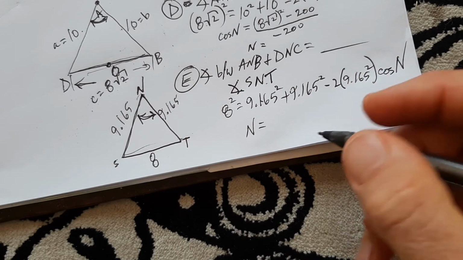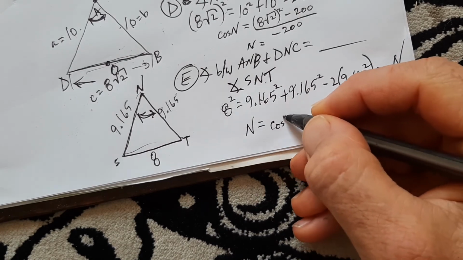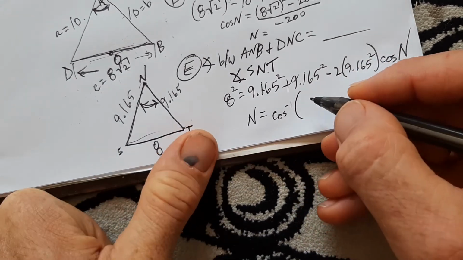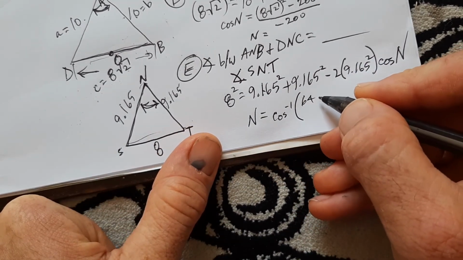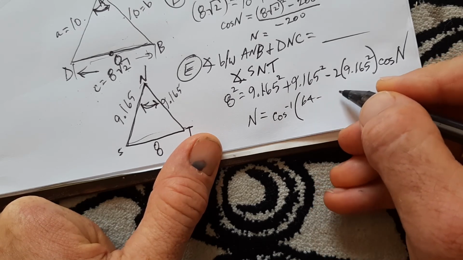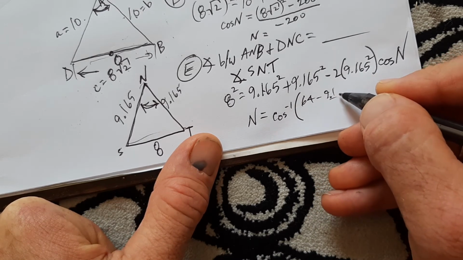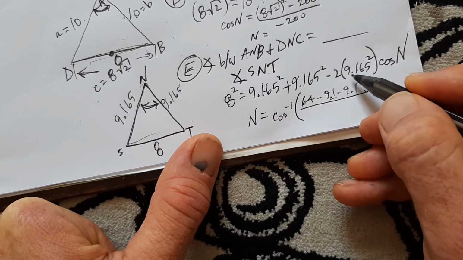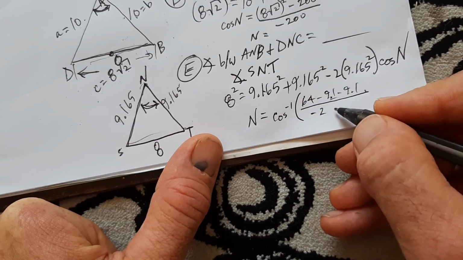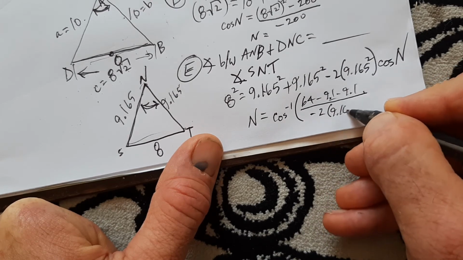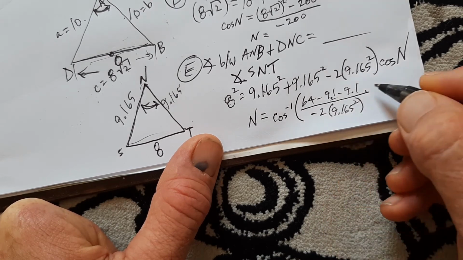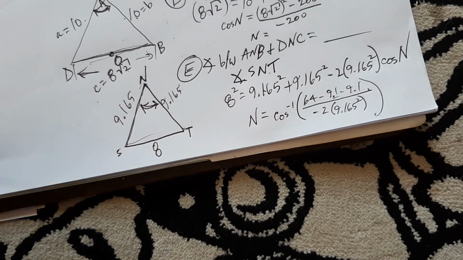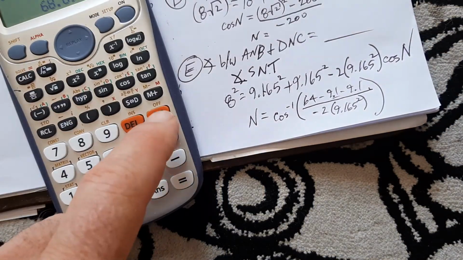So I'm going to get the cosine inverse of 64 minus 9.165 minus 9.165, divided by negative 2 times 9.165 squared. Whew. Hope I can put all this in there correctly, and you can double check me.